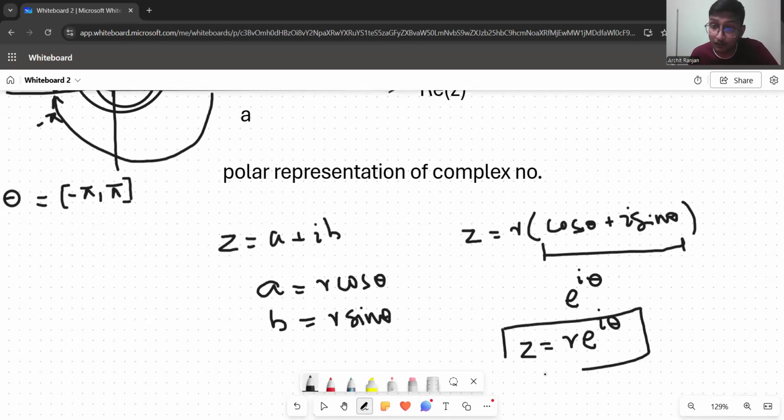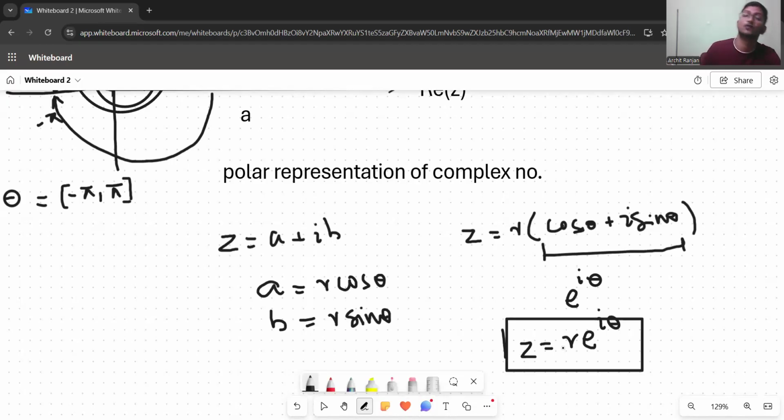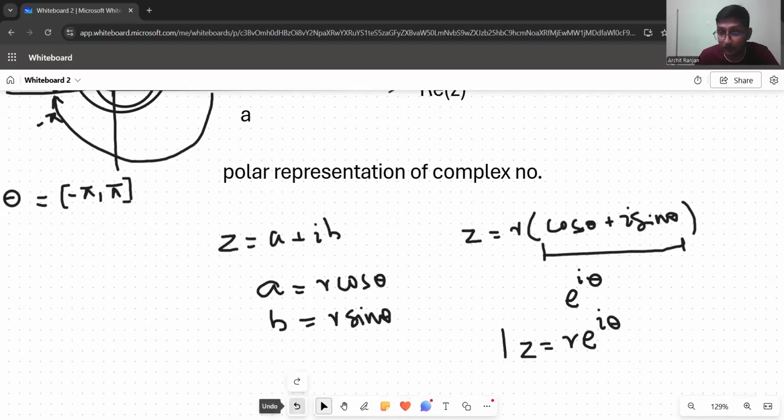This is the Euler form for a complex number. So we have so far seen complex numbers, their polar representation, their conjugates, their graphs, all are fine, right?